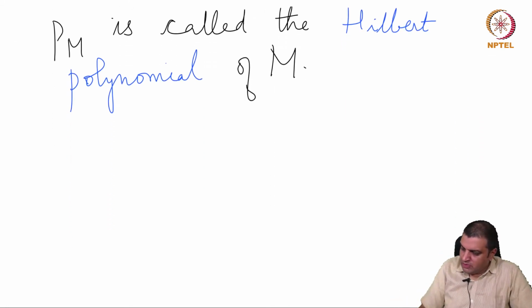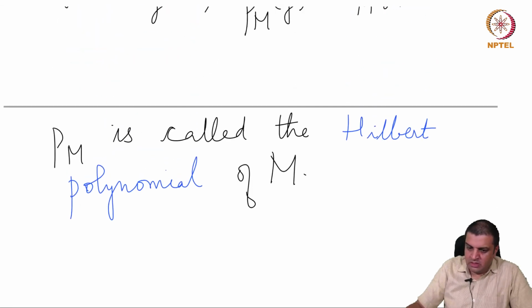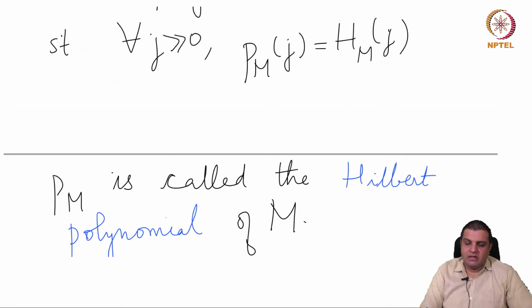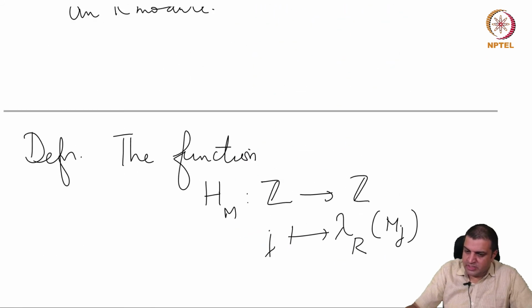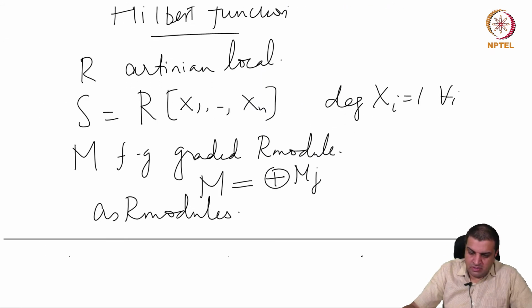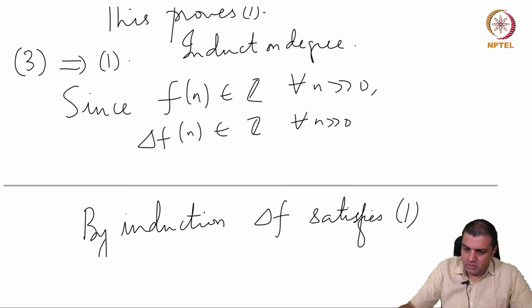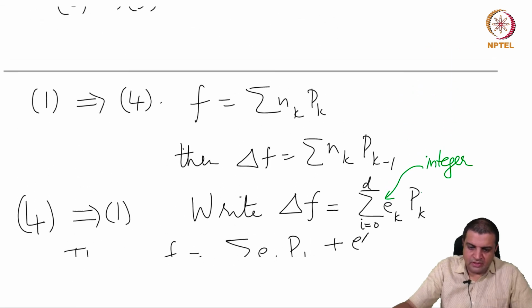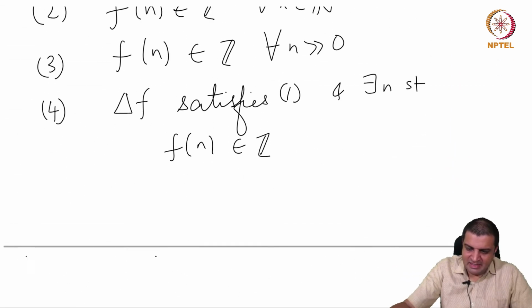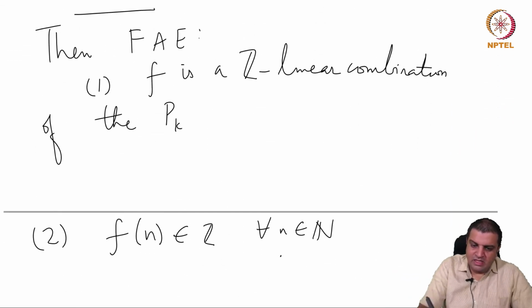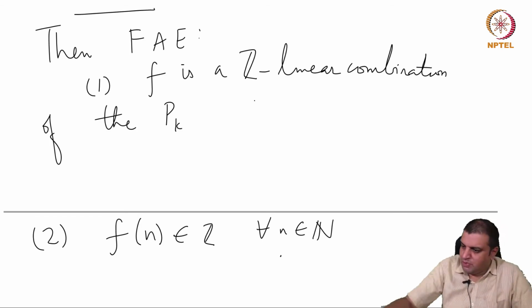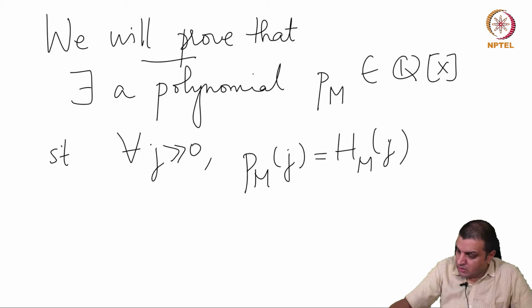We will prove something a little stronger: that the Hilbert polynomial is actually an integral combination of these p_k. That's the context of this lemma, that the Hilbert polynomial is a Z-linear combination of the p_k. That's what we will prove in the theorem.